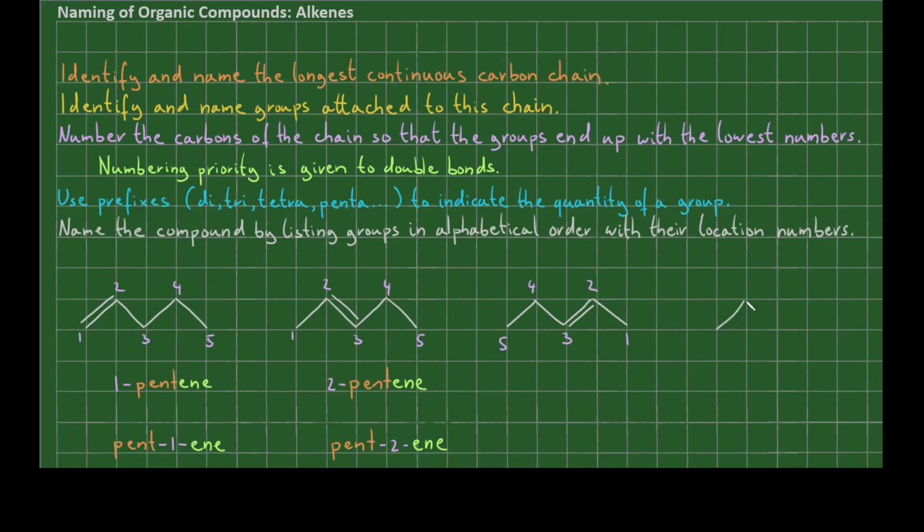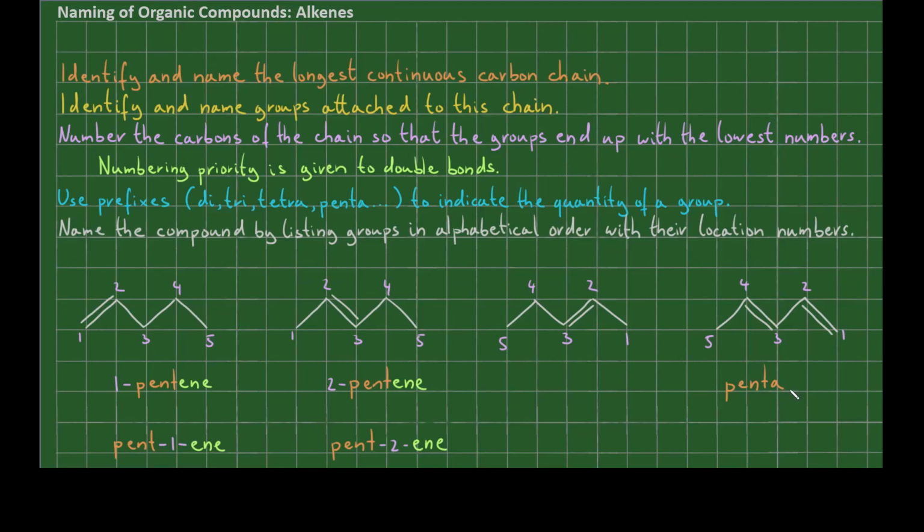I'm going to draw another pentene, so I need 5 carbons in the chain. I'm going to place a double bond here, but I can also have compounds with 2 double bonds. So I'm going to add another double bond here. What is the name of this compound? Firstly, I'm going to number the carbons so that the double bonds end up with the lowest numbers. I'm dealing with something that has 5 carbons, so I can use the prefix penta.